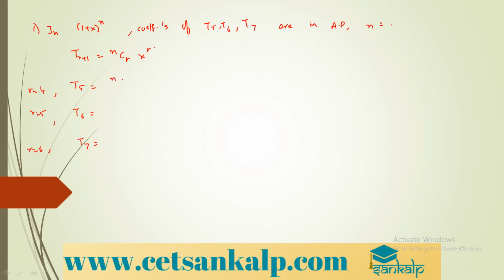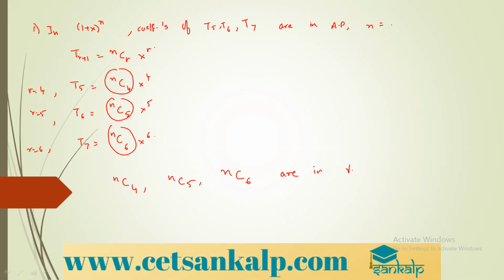Then nC4 x^4, nC5 x^5, nC6 x^6. We will take the coefficients, that is nC4, nC5, nC6 are in arithmetic progression.